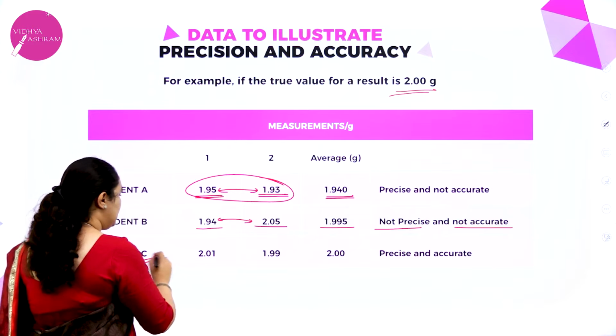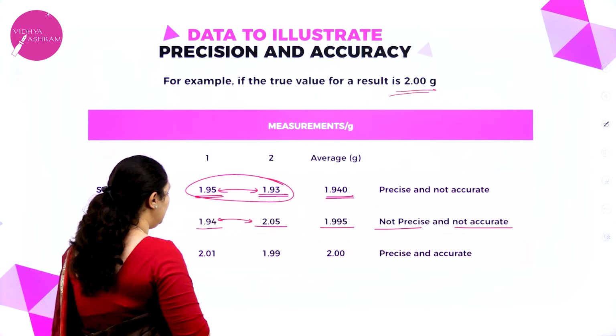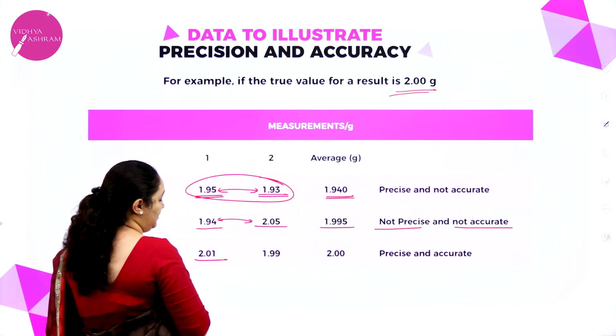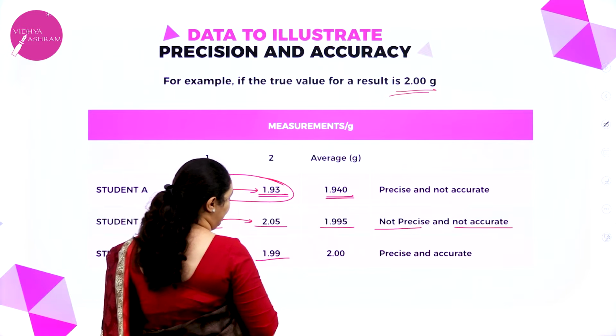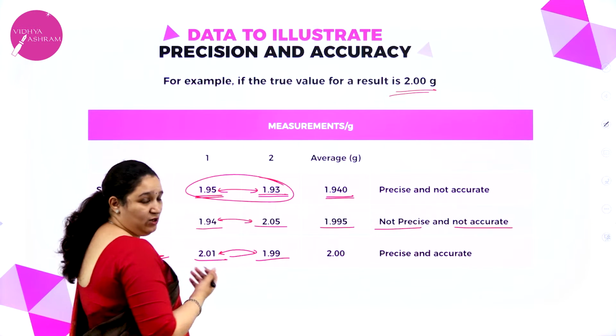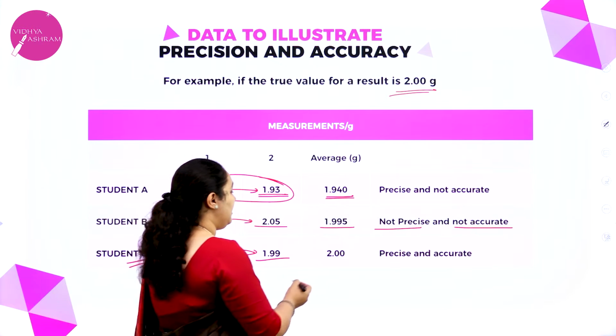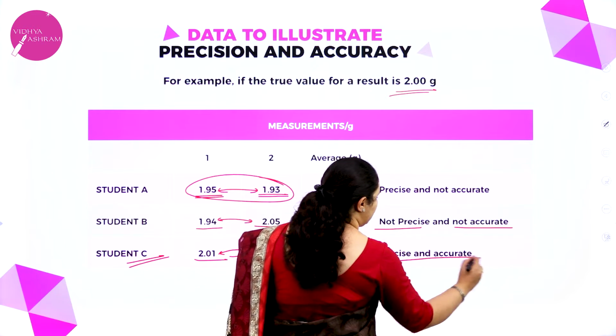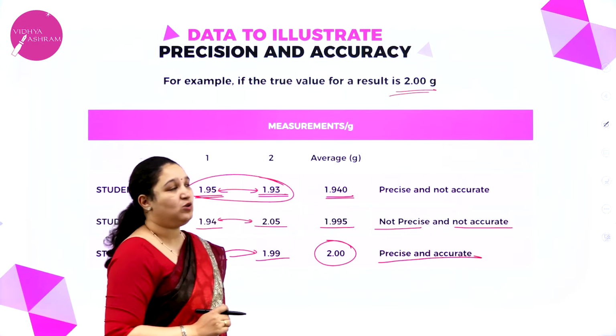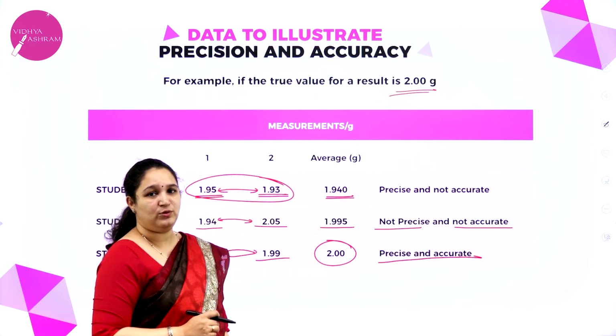Student C, if you see here, 2.01 and 1.99. Both these values are very close to one another. So, of course, they are precise as well as accurate, because if I take the average, I am getting 2.0, which is exactly the true value.